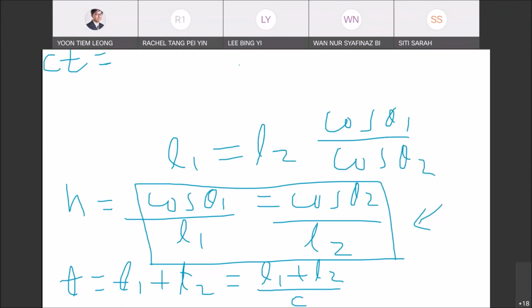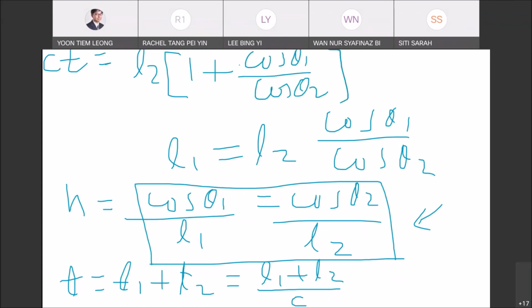So I'm going to write L1 plus L2 as L2 times 1 plus cos theta 1 over cos theta 2. Okay, I think more or less I have done it.